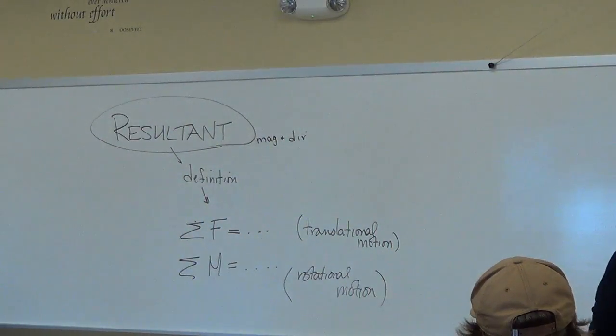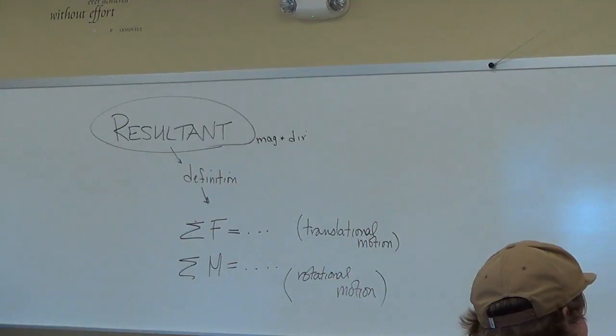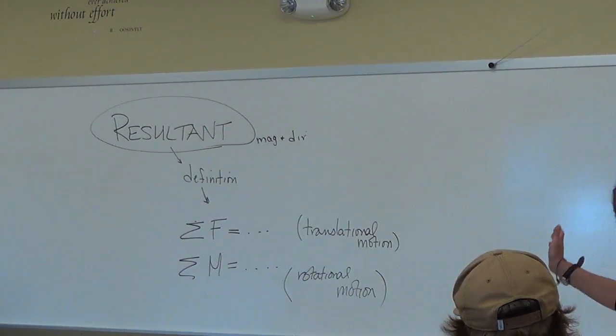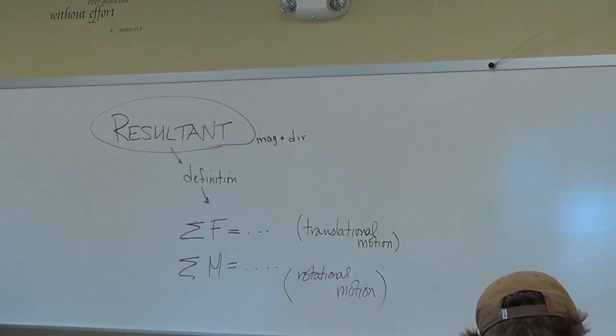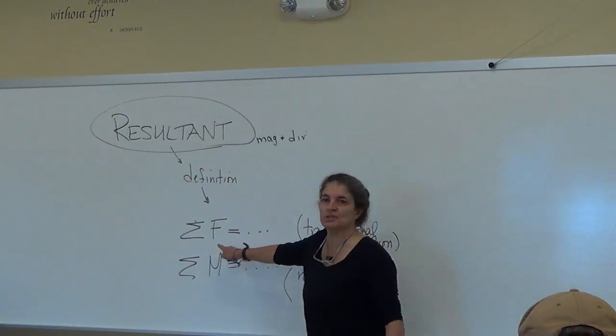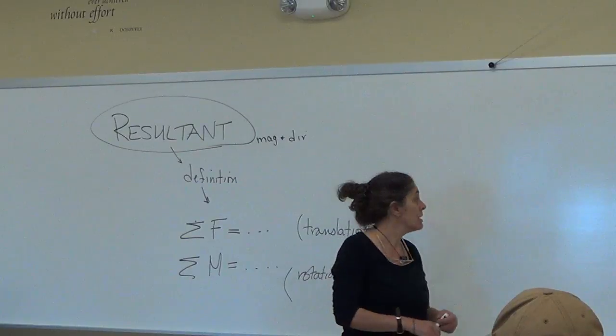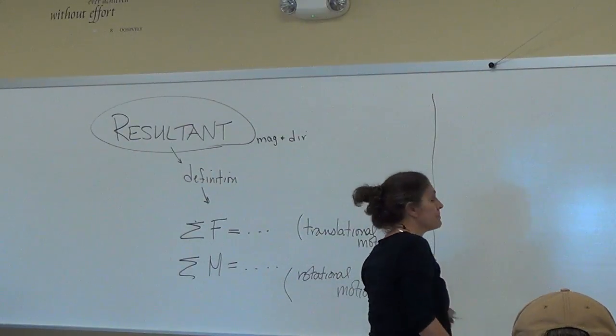My resultant is some value of the moment and the direction, and some value of this motion. Everybody get it? So if a problem says, what is the resultant? Do you just sum up the forces? No, you've got to sum up the forces and sum up the moment. So that's the first thing we need to know.